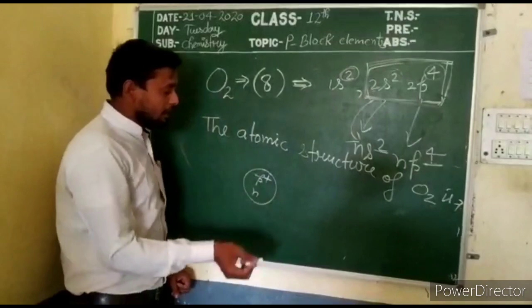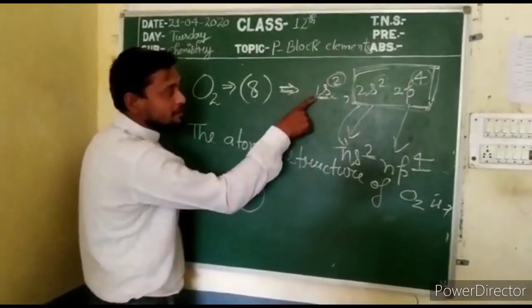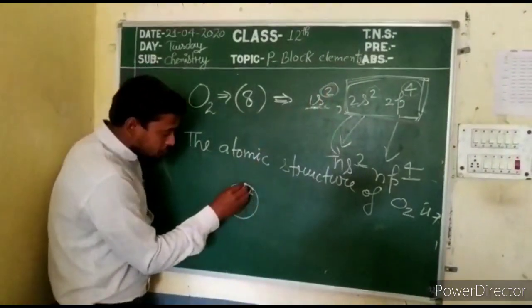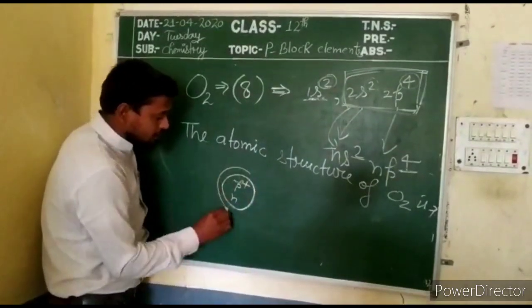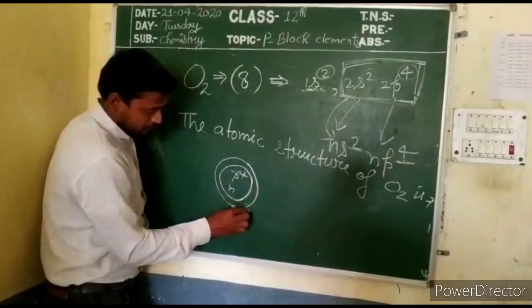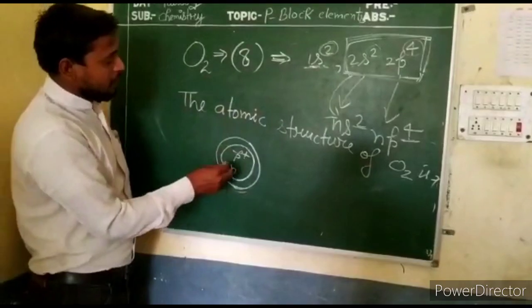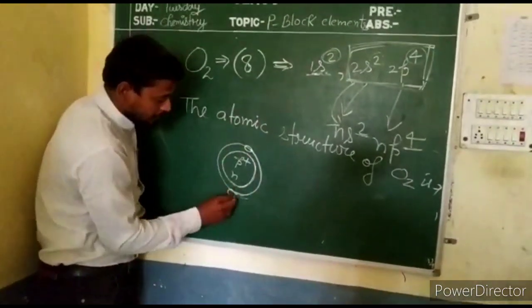And now the next, here I indicated 1s2, which means in the first orbit we fill 2 electrons. This is the nucleus of the oxygen atom, and this is the first orbit of the oxygen atom, and here we put 2 electrons, this and this.